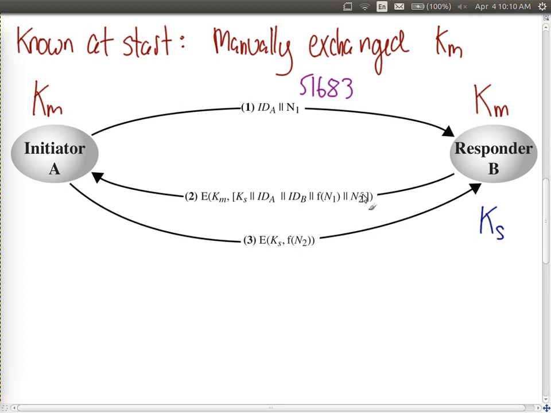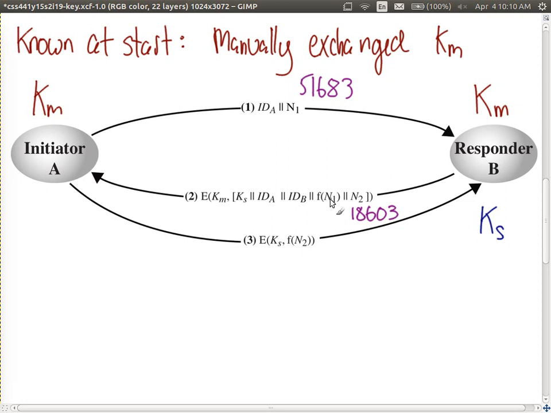We include a new nonce value, N2. Let's say I choose a number for N2, just a random number. But we also, to prove that we've received the first one and to allow A to identify that this response corresponds to the first message, usually include a function of the first nonce value.